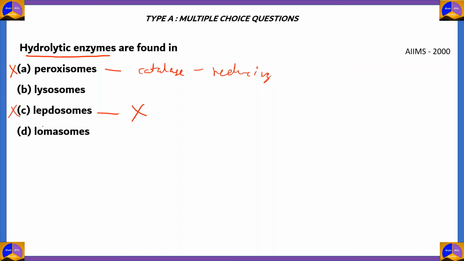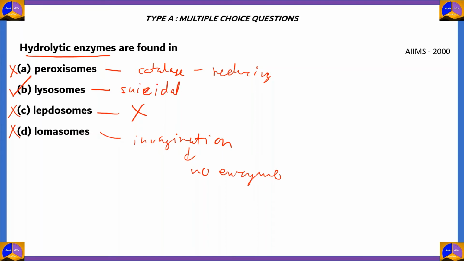So option C is incorrect. Option D, lomosomes, is just an invagination of the plasma membrane. No enzyme. So option D is incorrect. The right answer is option B, lysosomes. These contain hydrolytic enzymes, so that's why they're known as suicidal bags of the cell.